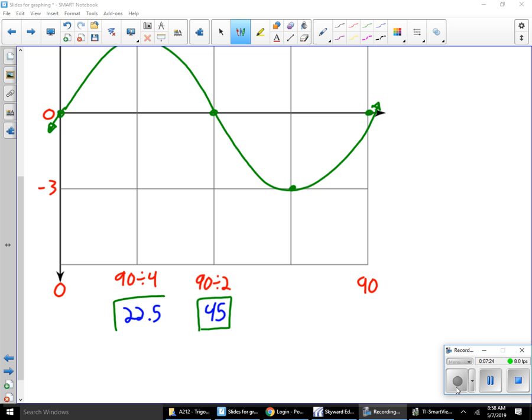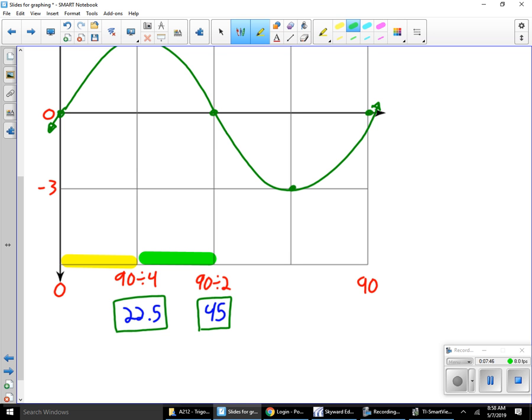So it is possible to have these important values, these critical points, happen at decimal numbers. That's okay. 22.5 is a totally valid angle. You would have messed around with angles much uglier than that in geometry.